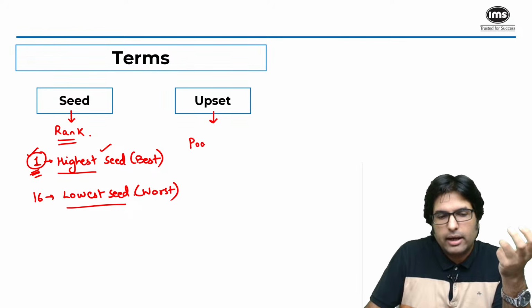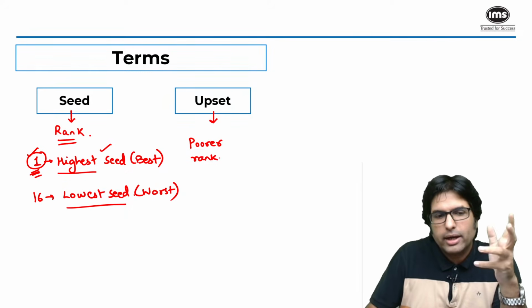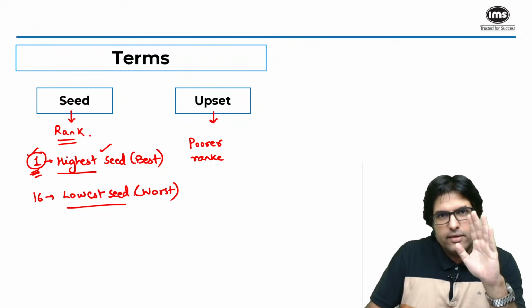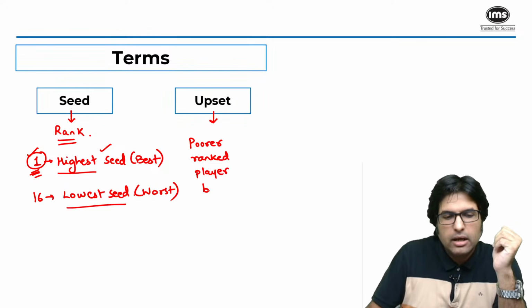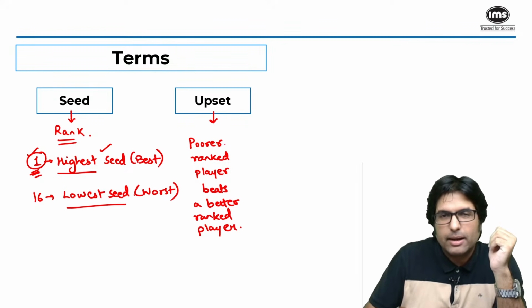So typically the term that I tend to use is poorer ranked, because numerically high and low you can get confused. Think of best and worst, think of poor and better. So if a poorer ranked player beats a better ranked player, then we would say this is typically called an upset.